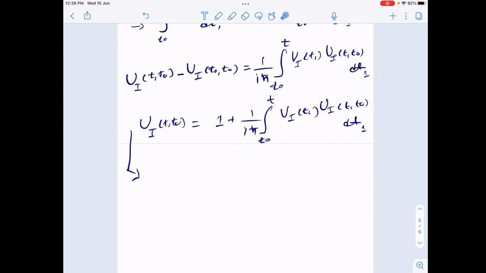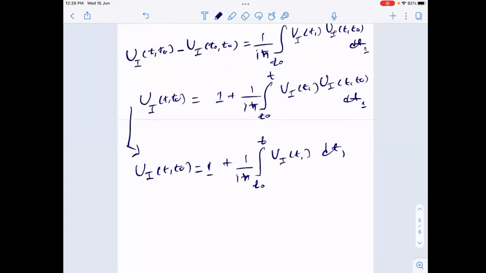Keeping this in mind, let's write the first term. So for the first term, I will keep UI T T0 on the left hand side as it is, equal to 1 plus 1 upon iħ integral T0 to T, simply VI T1 dT1.